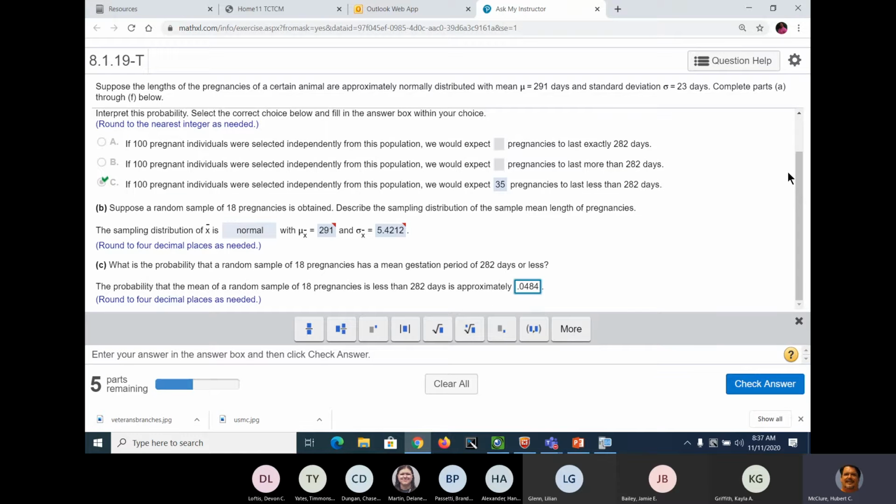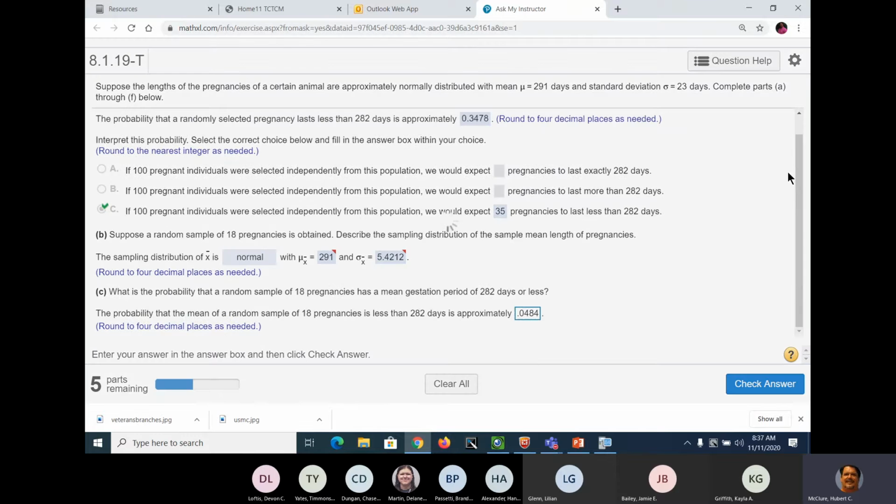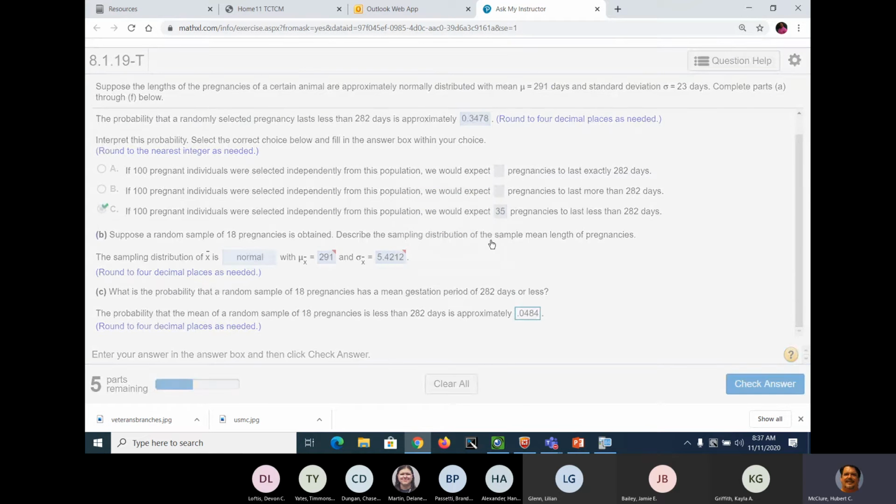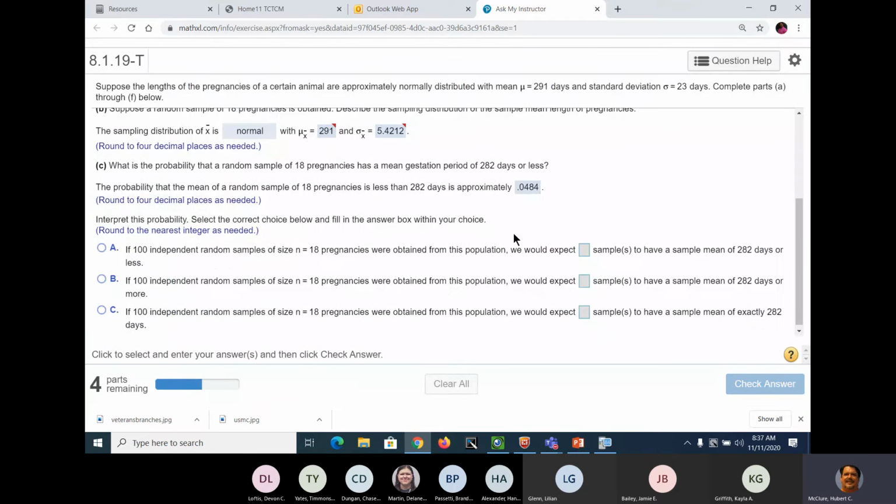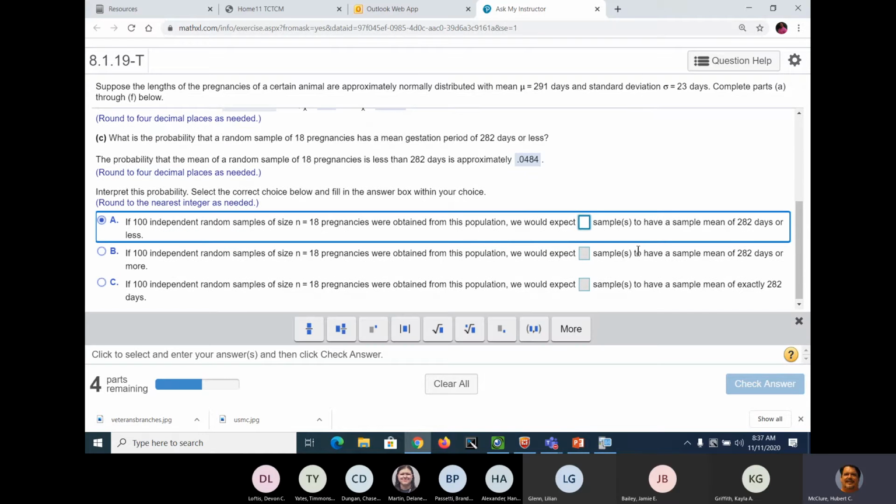But it's still good because there's a tolerance in these answers. I wish I could show you, but there is a tolerance. So what, that'd be 5 people, 5 samples.